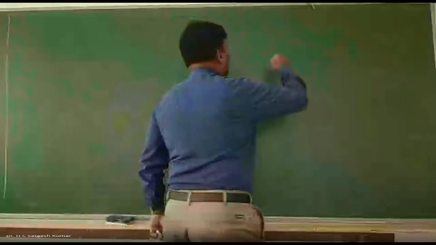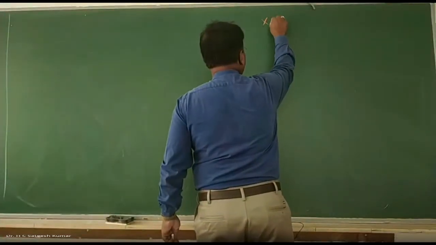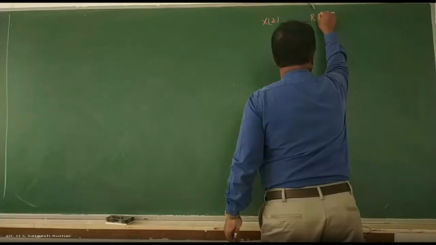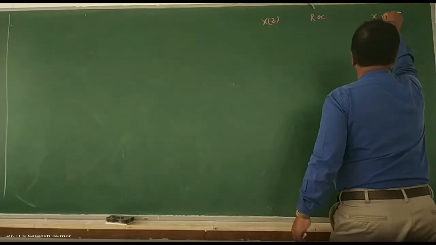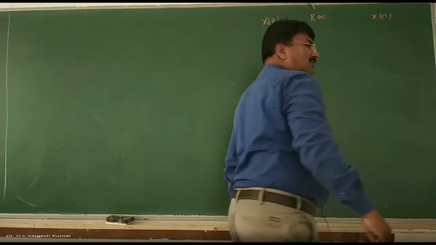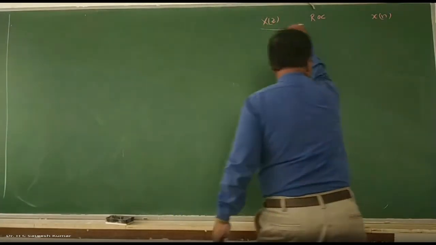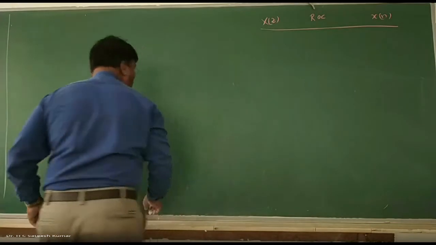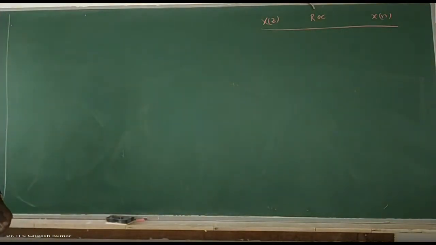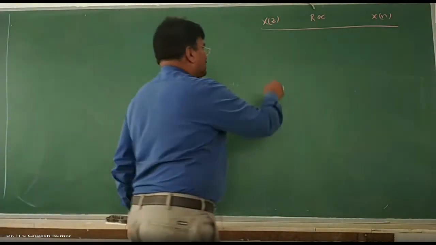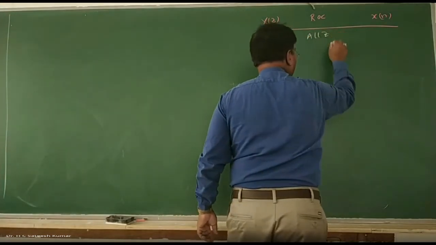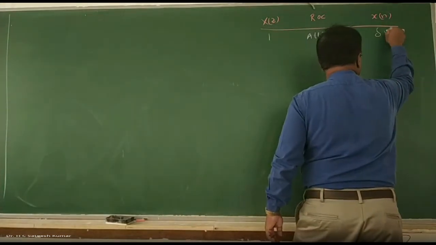Okay. So the table, what is it that we have? X of z, ROC, and x of n. Right, so already I gave one table. The reverse of the table I am writing now. X of z is 1, ROC all z, then x of n is delta of n.